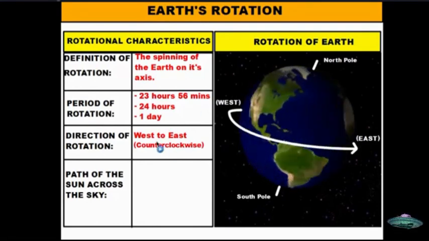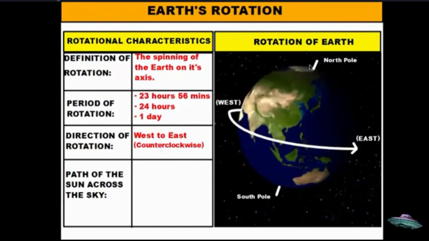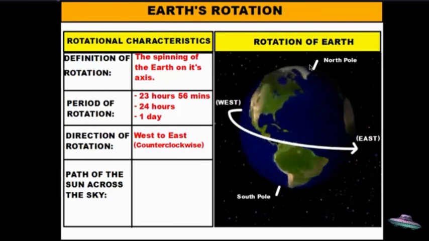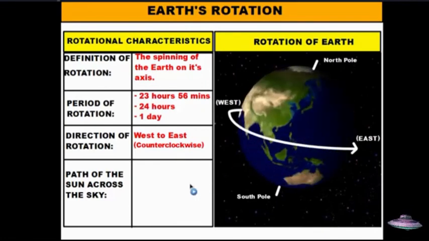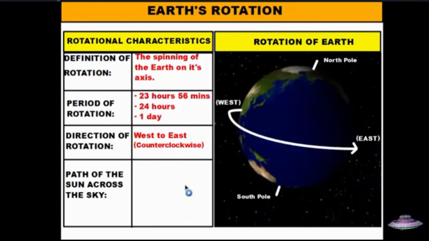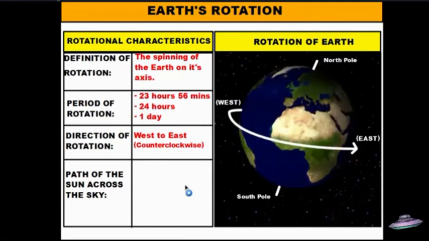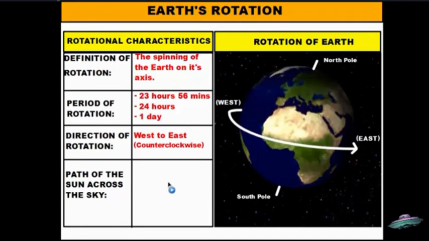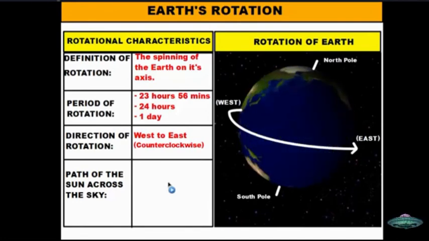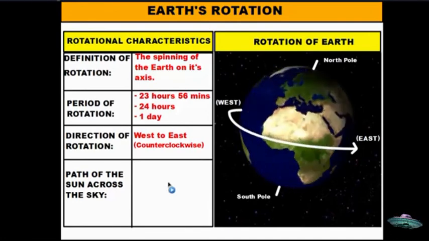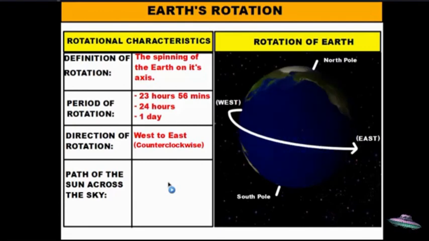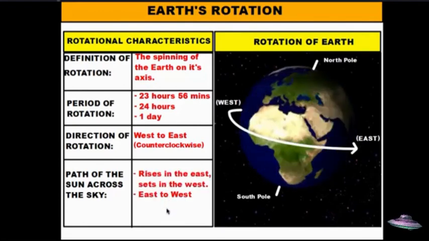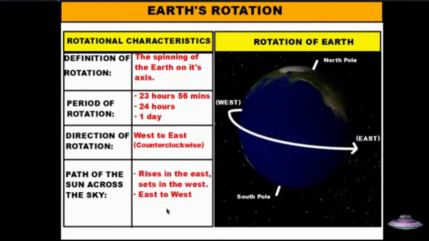And if you take a look at this rotation from above the North Pole, you'll see that it goes in a counterclockwise direction. Now, the rotation of the Earth is going to affect the path of the sun across the sky, and that affects where the sun rises and sets. So because of this counterclockwise, west to east rotation, our sun is always going to rise in the east and set in the west.